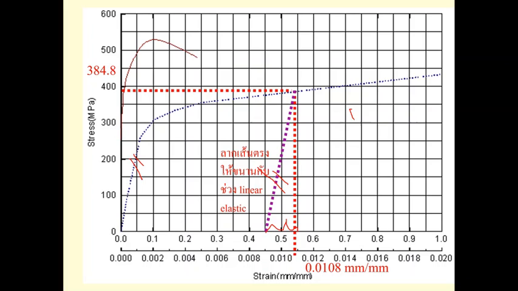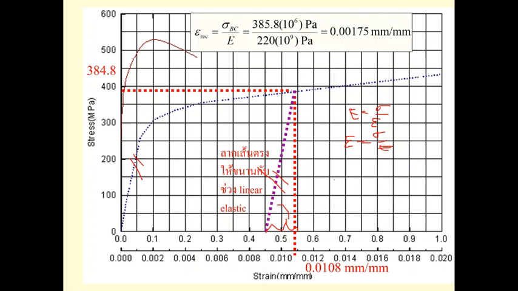Since E equals sigma divided by strain, the strain is going to be sigma divided by the modulus of elasticity. We have this: it is going to be 0.00175, and this one is 0.0175, and this one is 0.0108. So what we have over here is the permanent set.